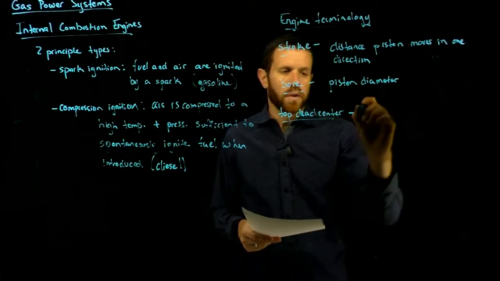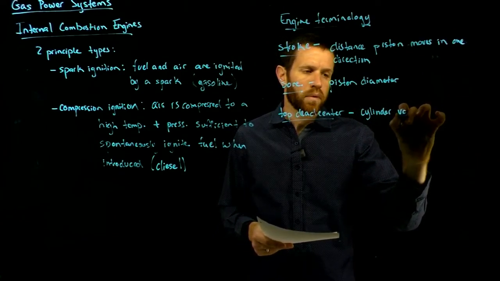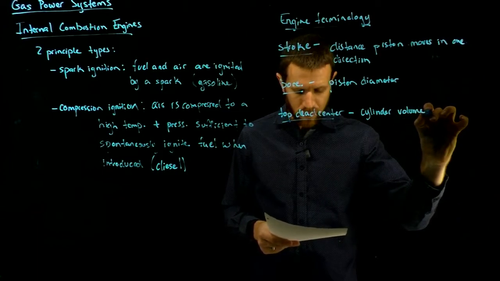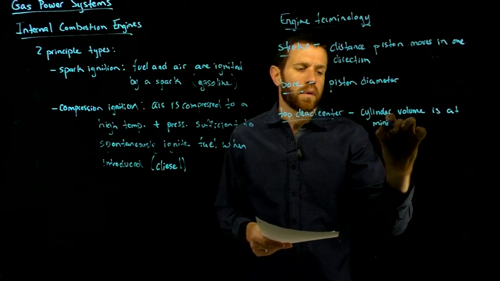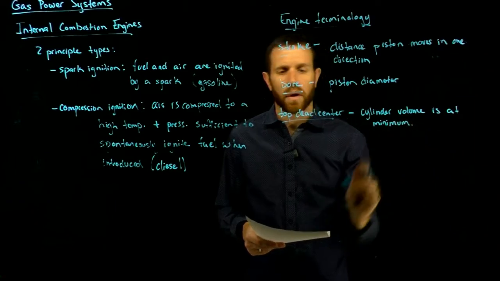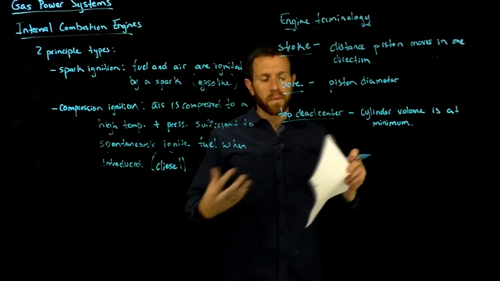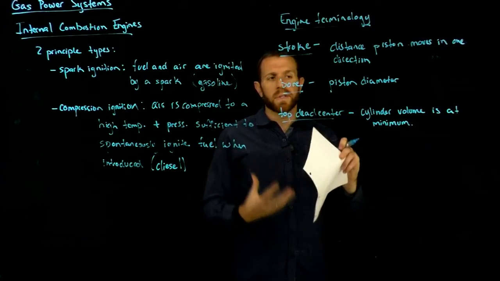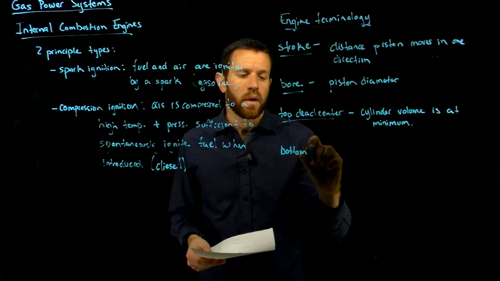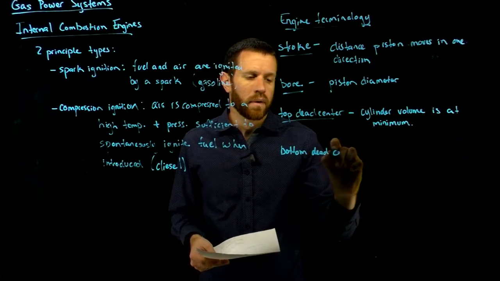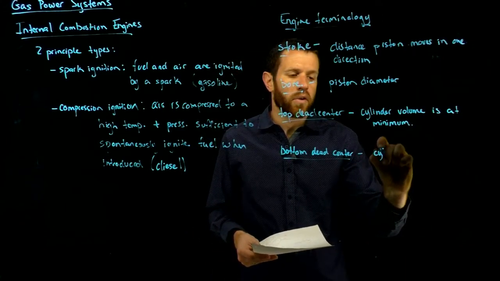This refers to the cylinder volume at its minimum. All right, so that's when the piston is completely to the top of its travel and the space inside the cylinder is minimized. And of course, accompanying that would be bottom dead center. And that's where cylinder volume is at a maximum.